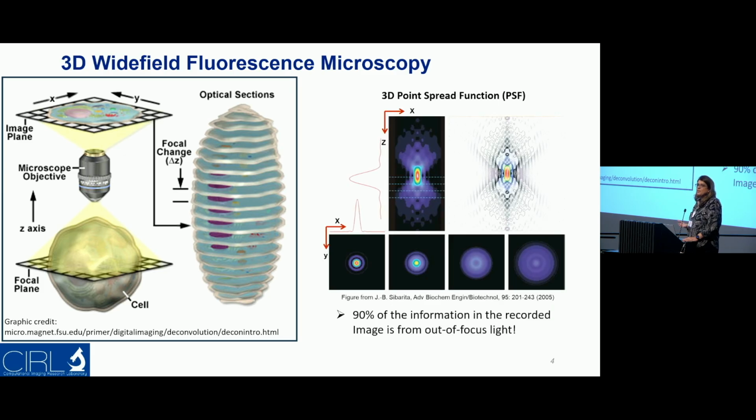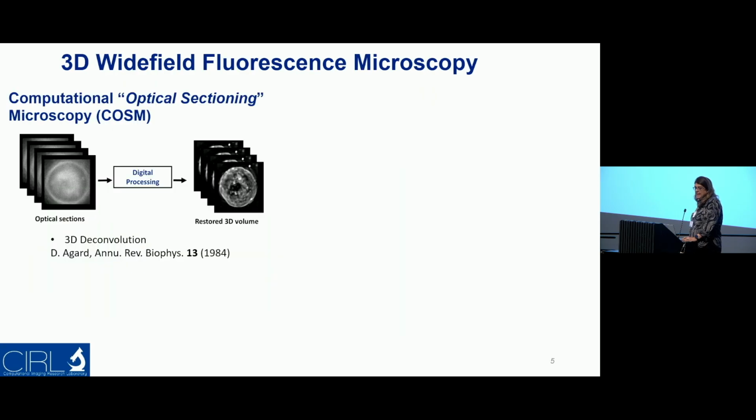Because of the properties of the instrument, this anisotropic point spread function, we know that 90% of the light in each one of the 2D images that we capture with the camera is indeed out-of-focus light. This was very well known, and back in the early 80s, it was proposed to use digital processing, at the time 3D deconvolution, to produce a 3D volume that's a better representation of the sample.